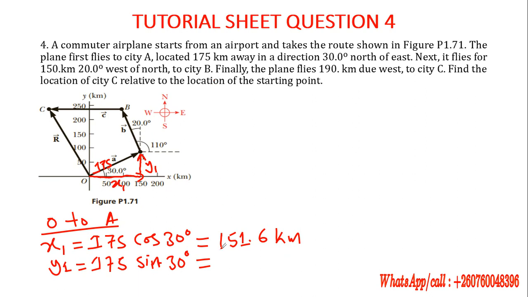Yes, you indicate the kilometer. Then from here, let's also do the same for 175 multiplied by sine 30. So we're getting it to be 87.5 kilometer. So from here, are we done? No.